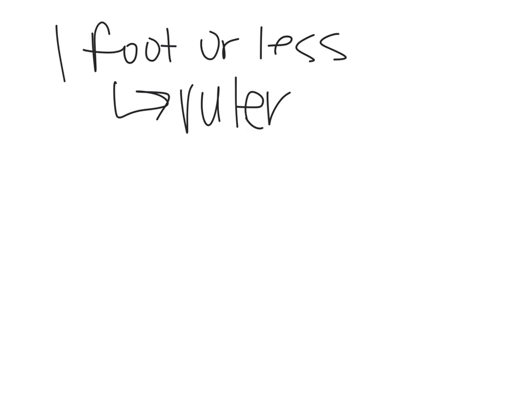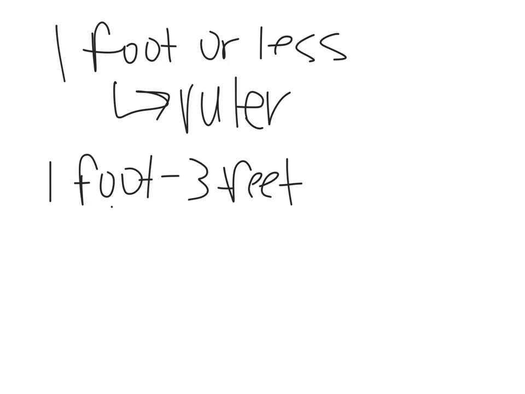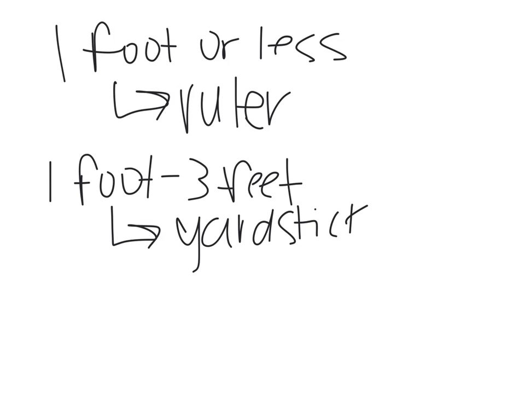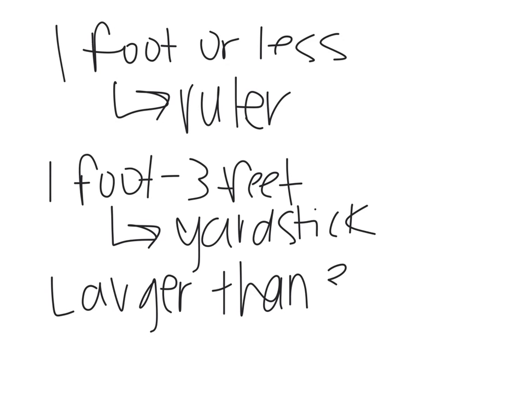If we think an object is between 1 foot and 3 feet, we are going to use our yardstick. And if we think that we may have an object larger than 3 feet, we're going to use our tape measure.